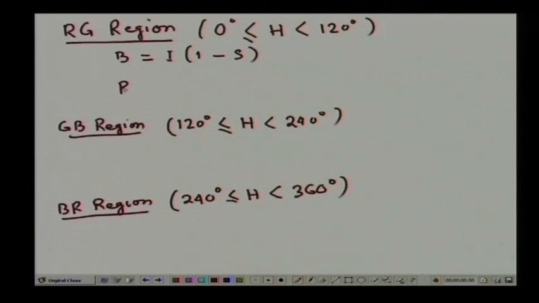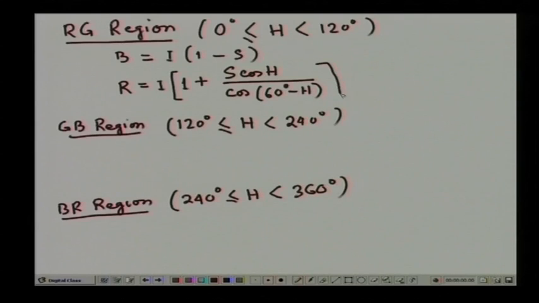The red component is given by I into (1 plus S cosine H divided by cosine (60 degree minus H)), and the green component is simply given by 1 minus (R plus B).